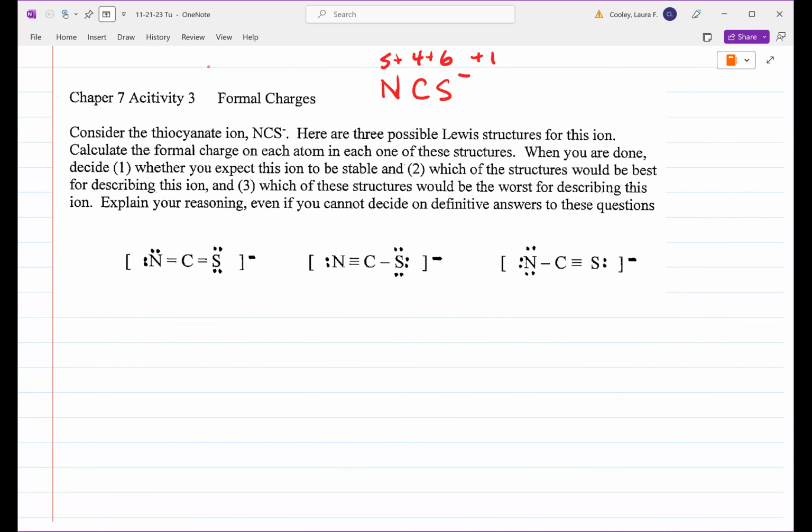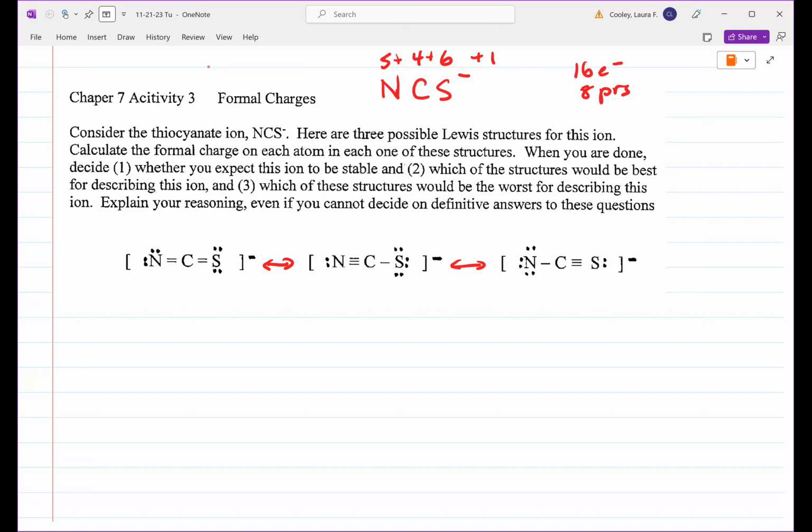So that's 16 electrons, 8 pairs. And it turns out that you can make double and single bonds, kind of like what we did for CO2. So now we end up with these 3 different resonance forms, basically. And the question is, which is more stable and why?